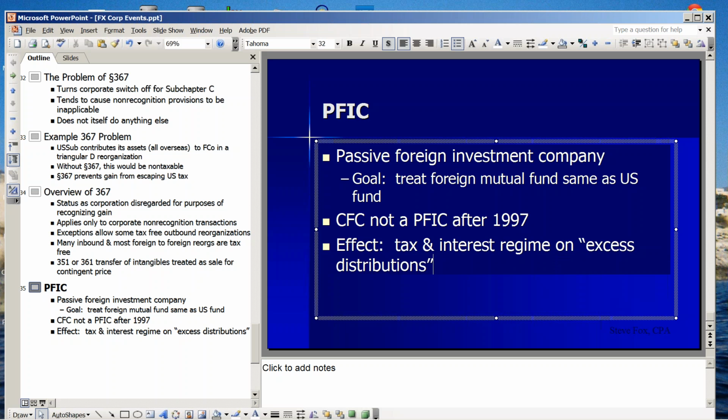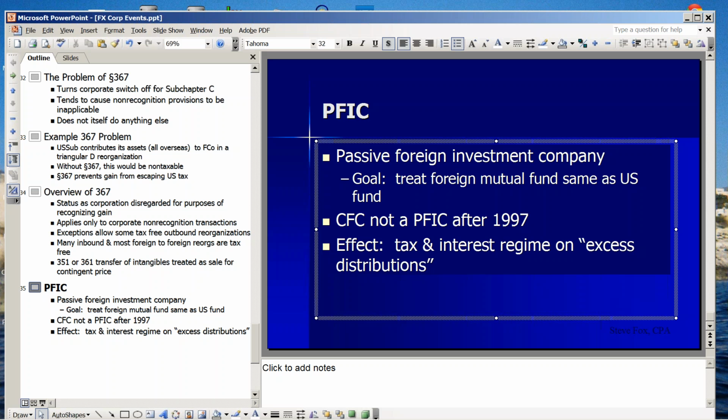You have to pay tax on that additional income at the highest marginal tax rate for whatever type of taxpayer you are, or rather were, in that particular year to which the income is apportioned. An excess distribution is any gain on the shares or any distribution in excess of 125% of the average of the prior 3 years' distributions.